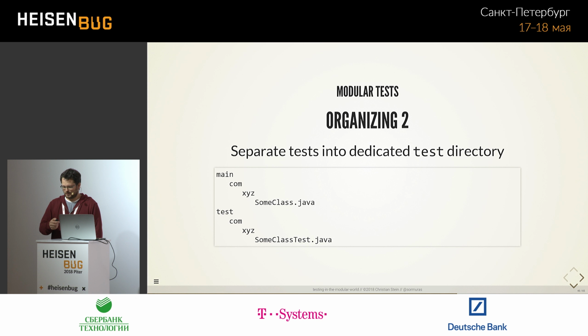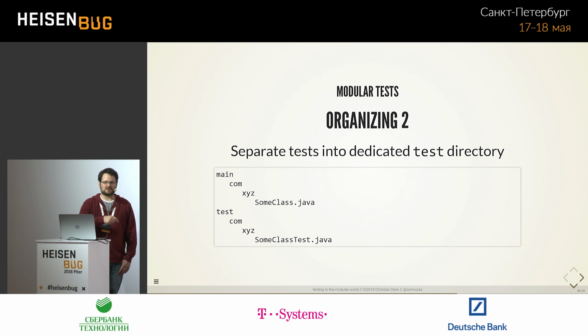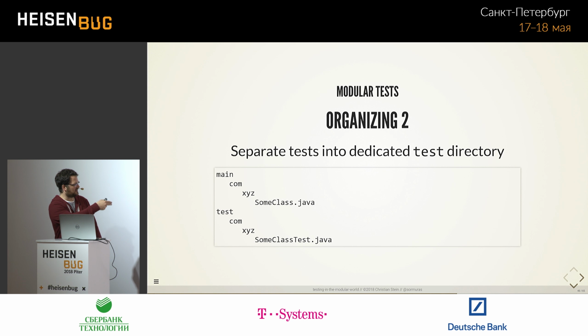But why did it work? It works because of the class path. The class path is just a repository which tries to find the resource you want to use. So if you add another entry to the class path, like main and test, it will find both.